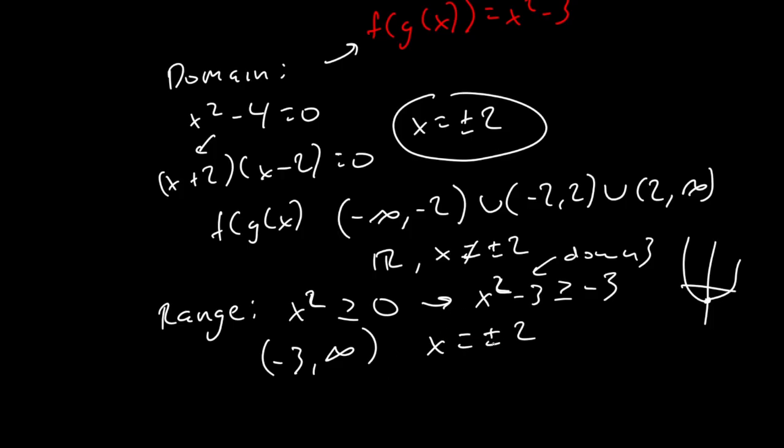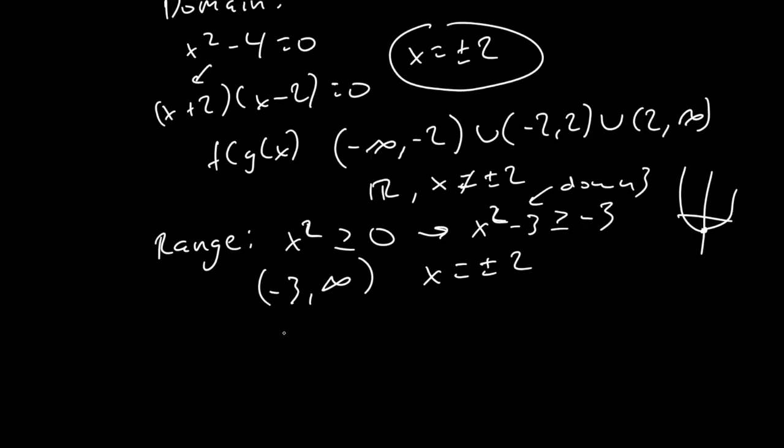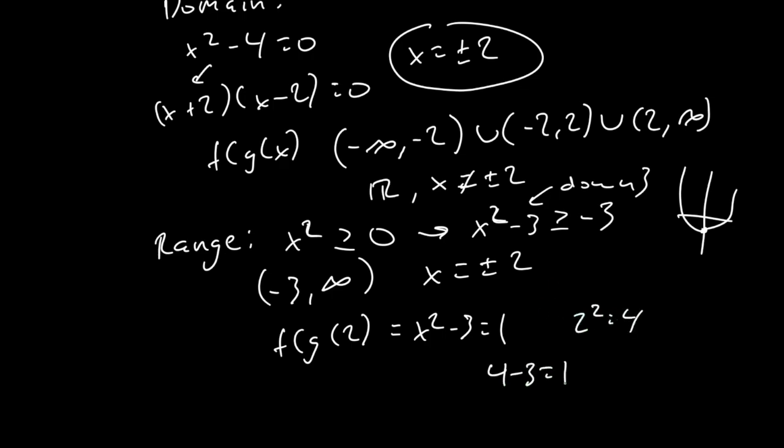And we have to exclude the values of x equals plus or minus 2. So we have to find f of g of 2, right? At x equals 2, x squared minus 3 equals 1, because 2 squared equals 4, so 4 minus 3 equals 1.